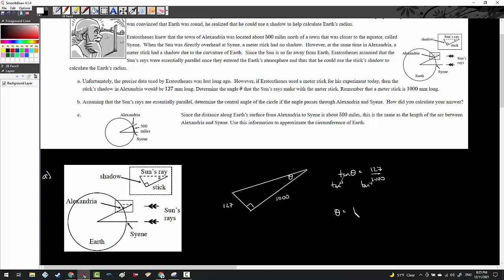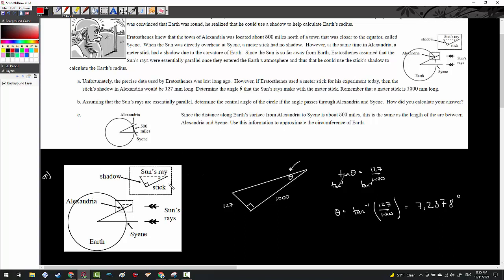So I am typing this into the calculator, and I had to kind of switch modes there. It was in a different calculation. And that is going to equal 7.2378 degrees.